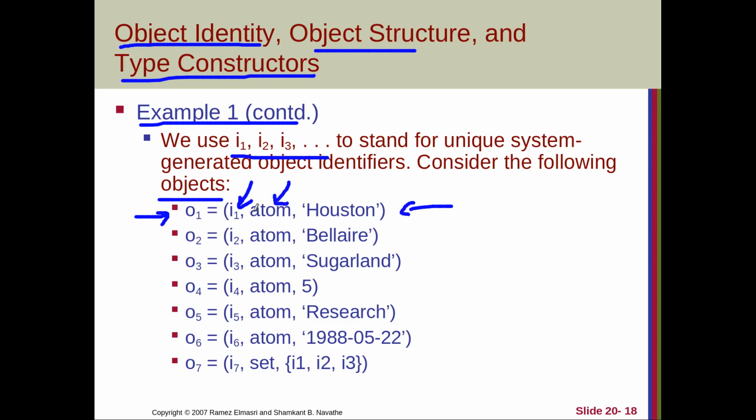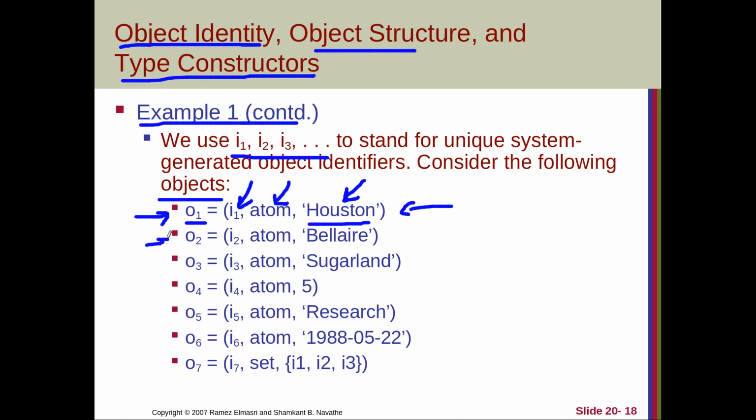Atom means it will be a single value, and the value assigned is Houston. So object O1 represents the value Houston, which is an atomic value, and this object is given the name O1. Internally it will be identified by I1, so the system will identify this object by using I1.